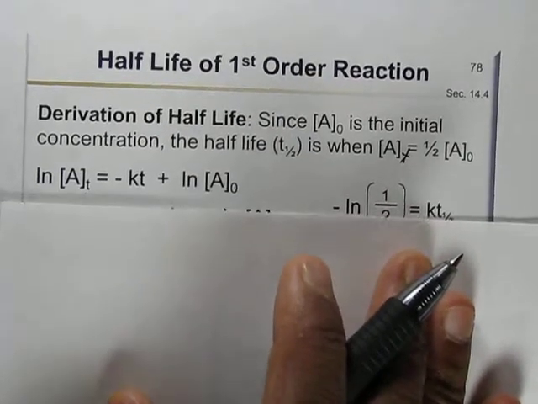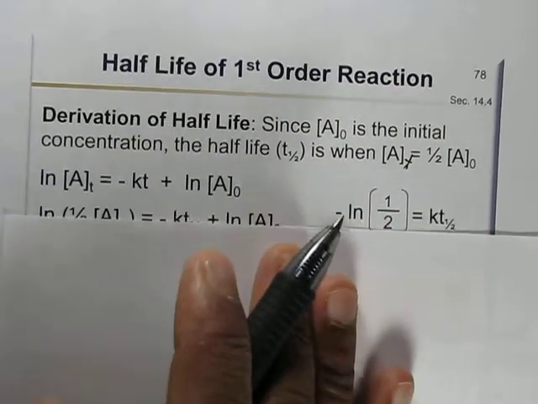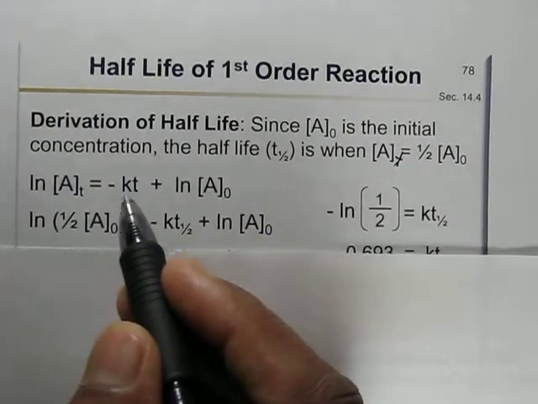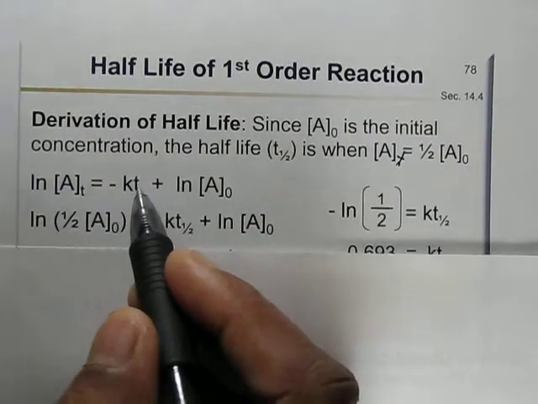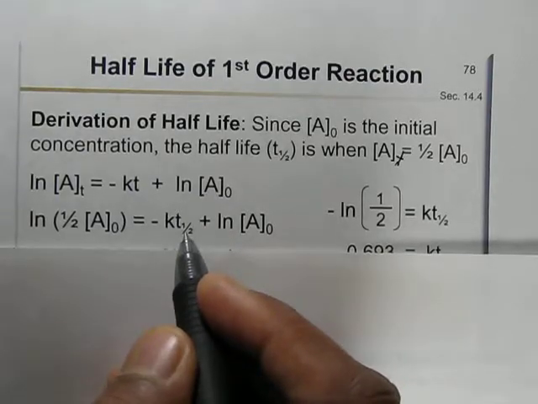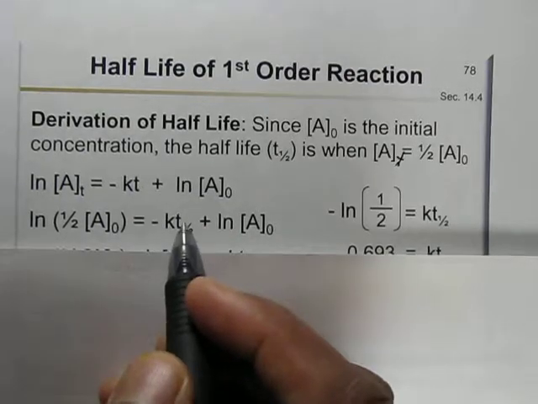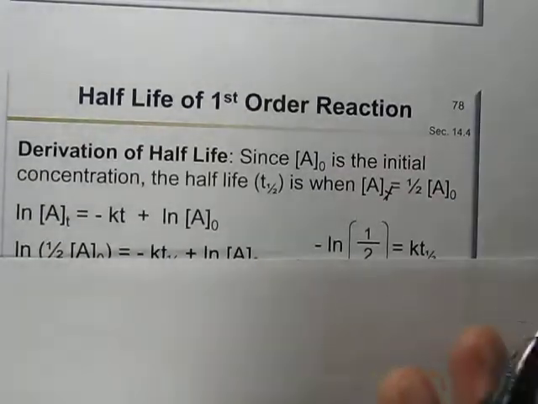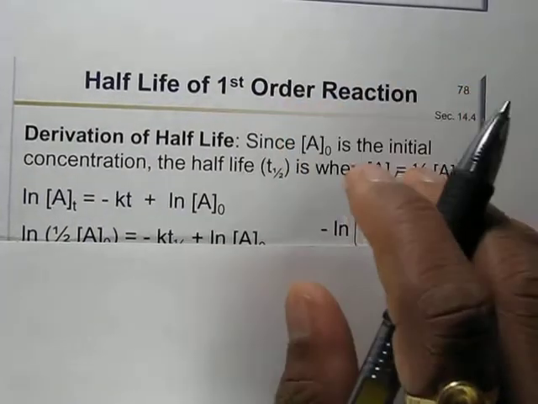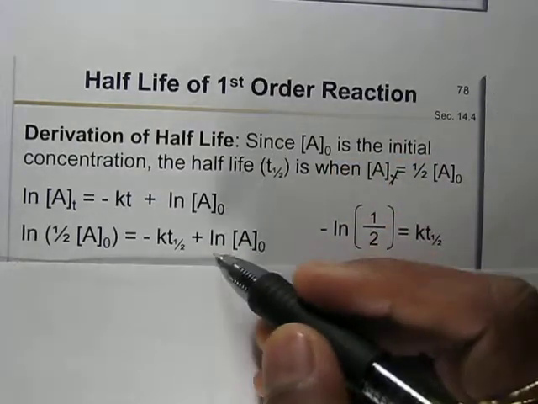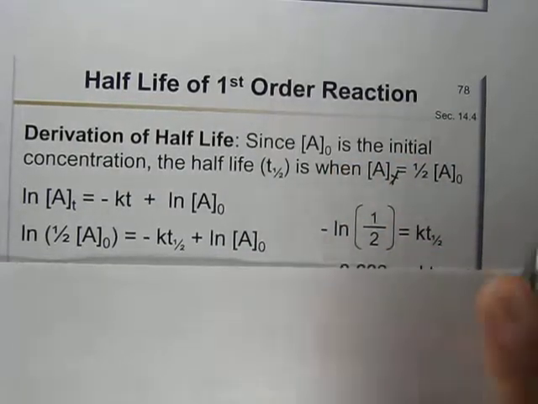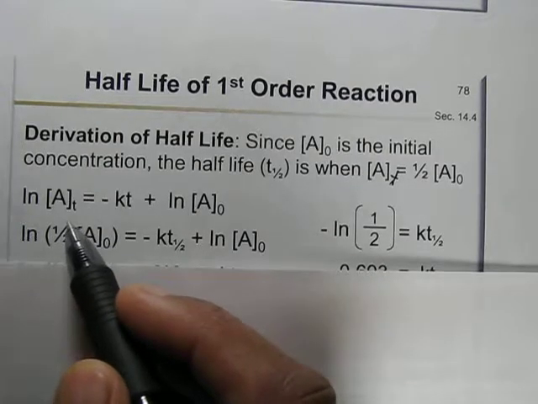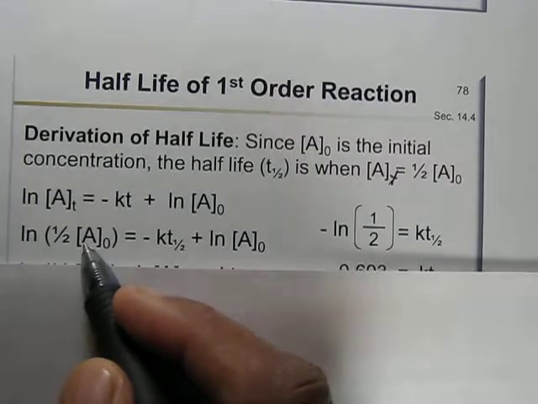So after the first half-life what will happen? We can replace this t as t half. In this equation we are replacing t with t half, and the initial concentration will not change, so natural log A0 will remain the same, but the concentration after half-life will become half of the initial concentration.